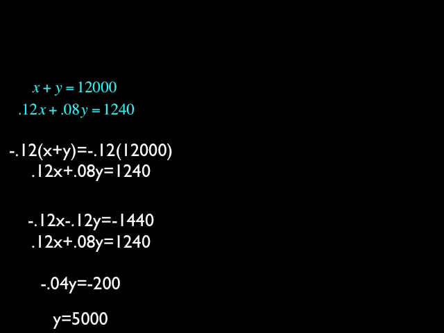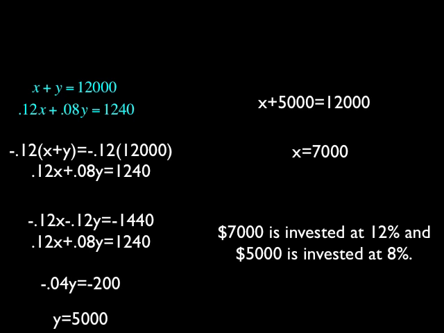In elimination, plug it into either of the original equations. It just so happens the first equation is a little easier, so we'll do that one. x plus 5,000, because y is 5,000, equals 12,000. So x is 7,000, and I have 7,000 invested at 12%, and 5,000 invested at 8%.